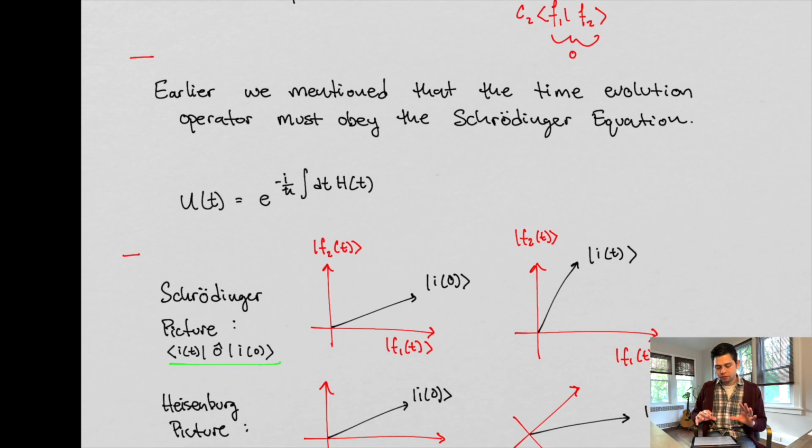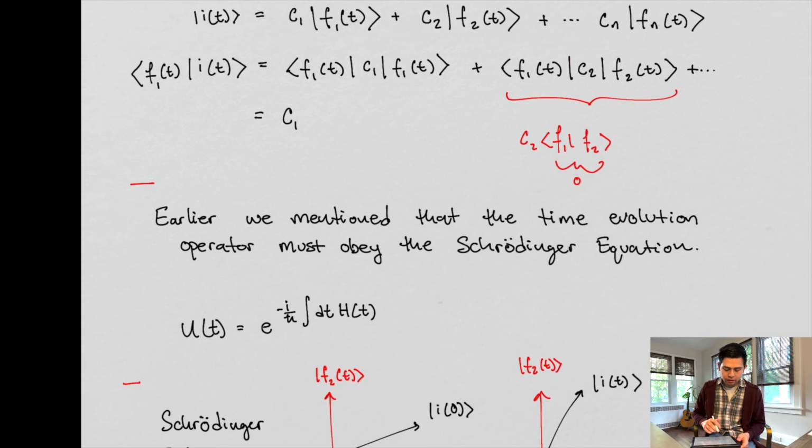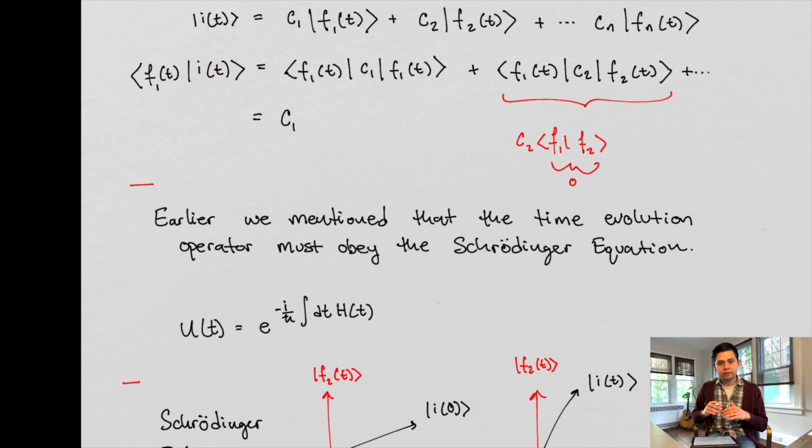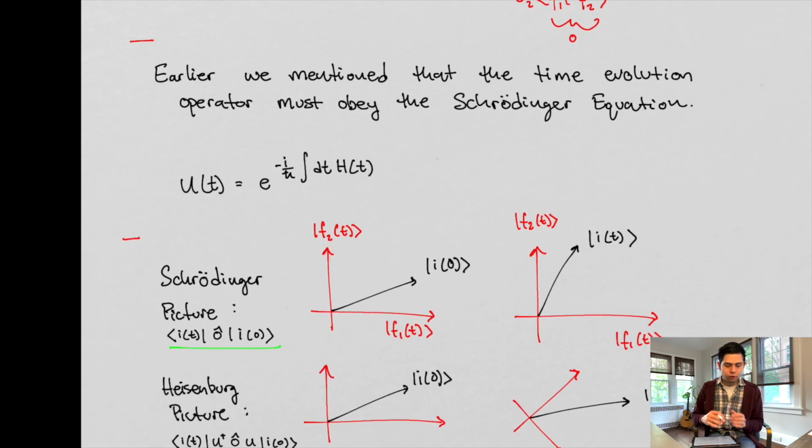So now I want to shift our focus a little bit into talking about this operator, this time evolution operator that we've talked about in the past, right? This time evolution operator is this operator that operates on these states, and these states obey the Schrödinger equation, but the operator itself, as time evolves, has to also obey the Schrödinger equation.